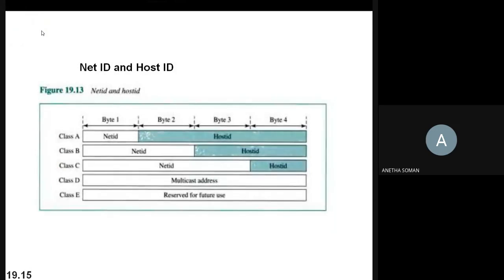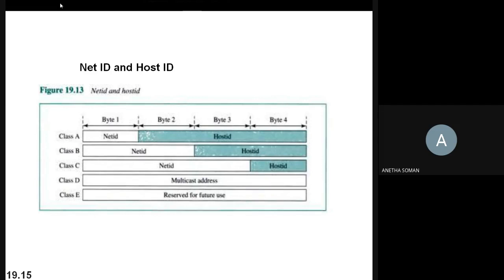Actually, I have told you that in classful addressing you have 5 classes, and classes A, B, C are divided into 2 groups: one is the net ID or network ID, and the other is the host ID. The length of the network ID as well as the host ID varies depending upon the class. What you can see in the diagram is that in class A you have 4 bytes in total, that is 32 bits.